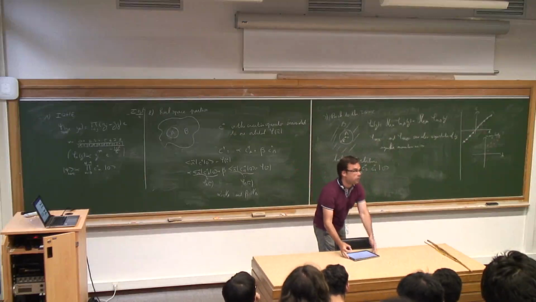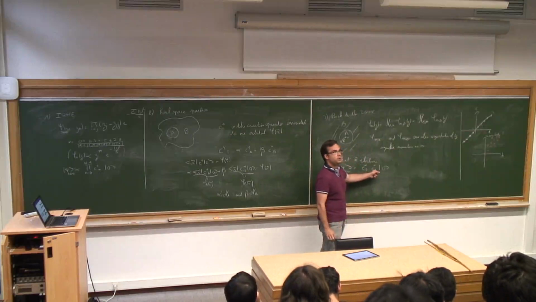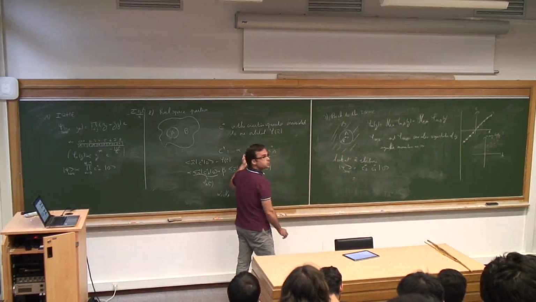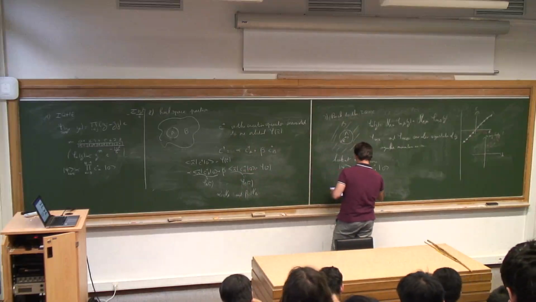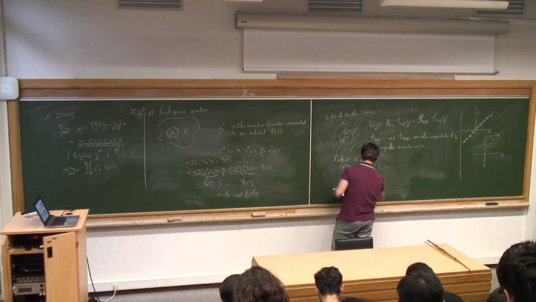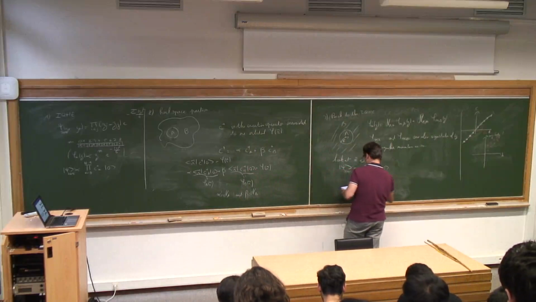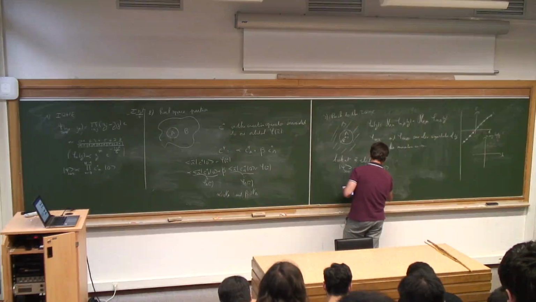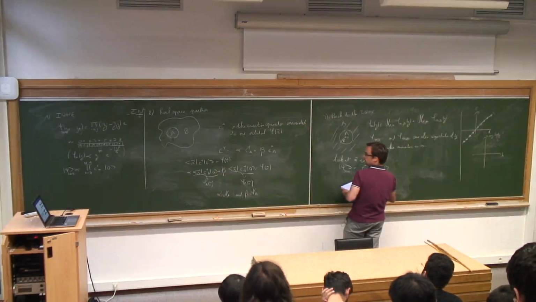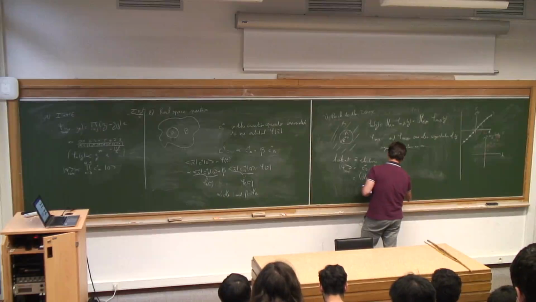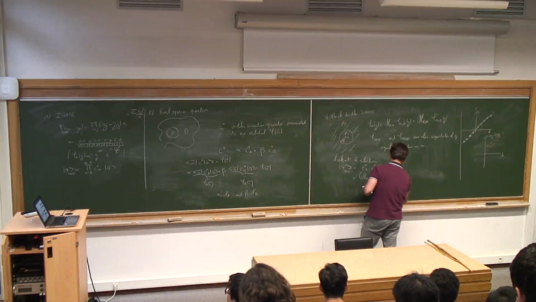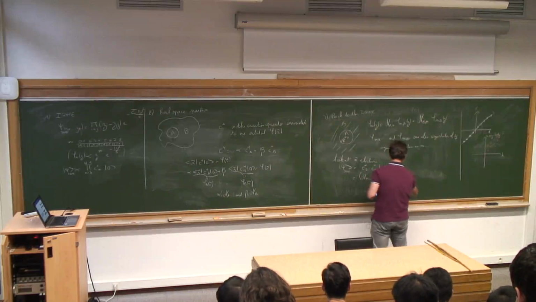And now, for each of these two creation operators, you apply this decomposition here. So the first one is N_A0 c†_A0 plus N_B0 c†_B0.